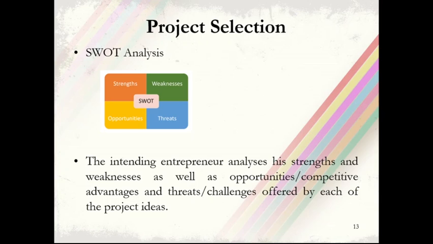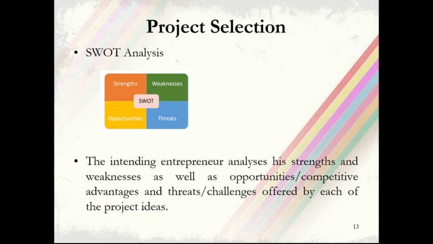In addition, the entrepreneur needs to analyze other related aspects like raw material, potential market, labor, capital, location, and forms of ownership, etc. Each of these aspects has to be evaluated independently and in relation to each of the other aspects.